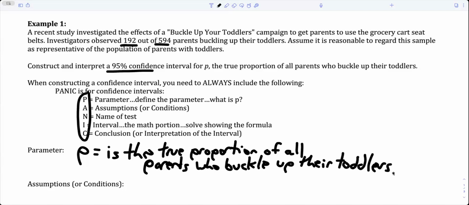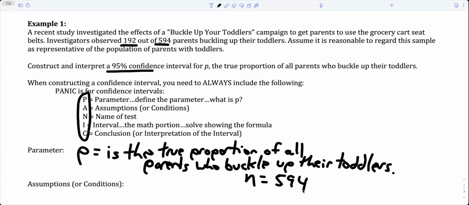Also in the first section, you need to write down a couple of things because we will use them later. So we know that the sample size is 594. And then I'm going to find p hat.